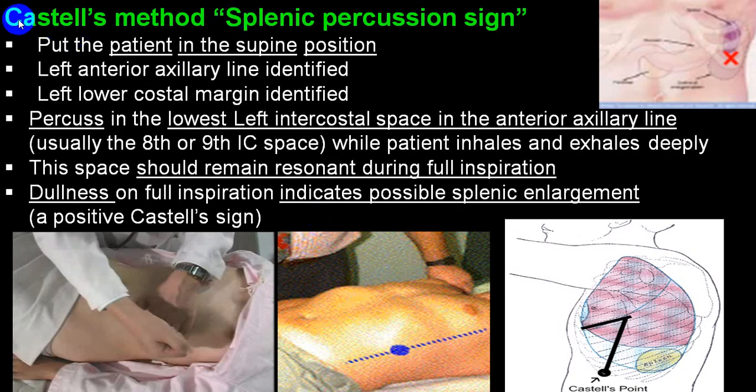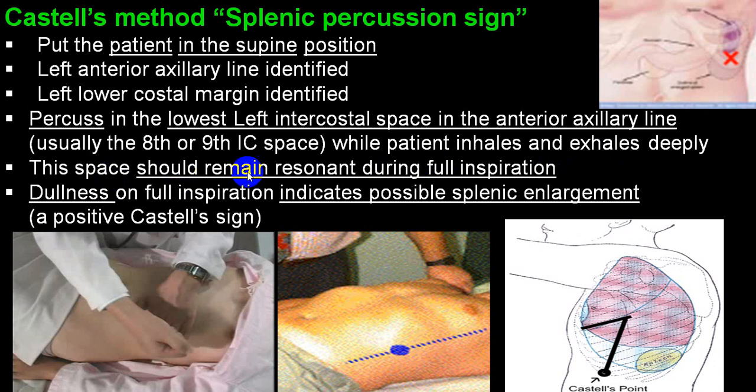There is another technique called the Castell method. This is done in a supine posture. You utilize the left anterior axillary line and identify the left costal margin. Now you percuss in the lowest left intercostal space in the anterior axillary line, that is the 8th or 9th intercostal space, particularly when the person takes a deep inspiration and deep expiration.